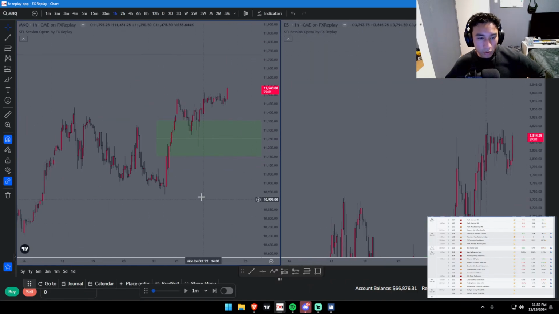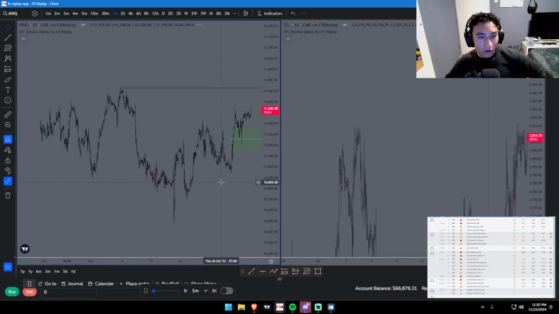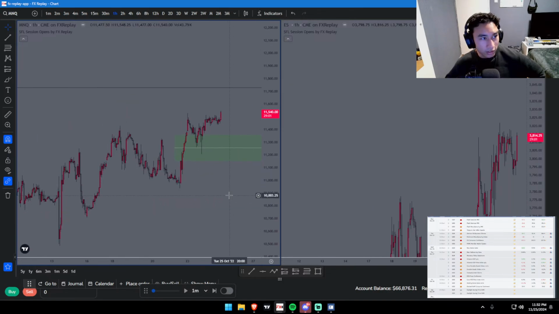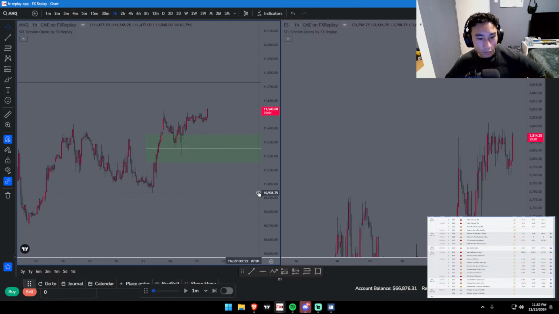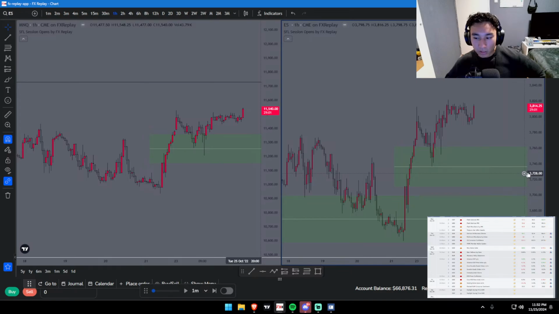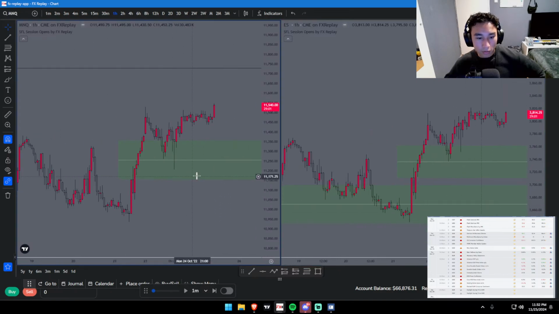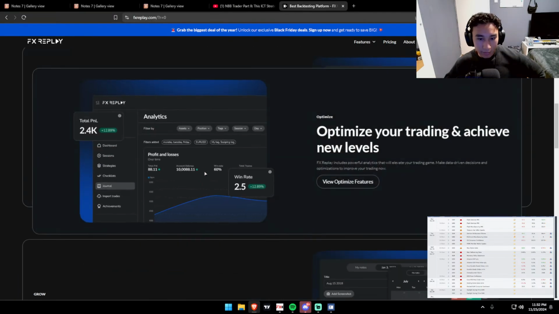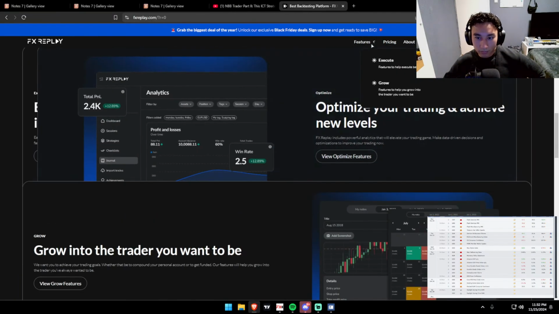You could go back in time with this on literally a 1 second chart to 2012, which is crazy. You could backtest all the way from there, and that's only on NQ and ES. I don't know what Forex and the rest have, but this is what I'm using.